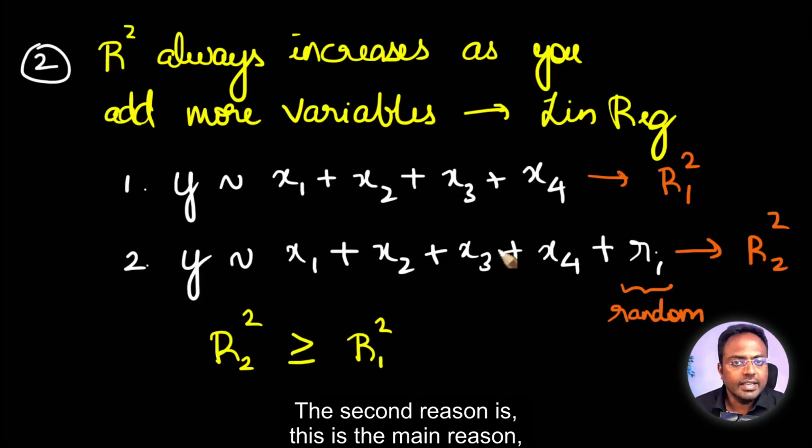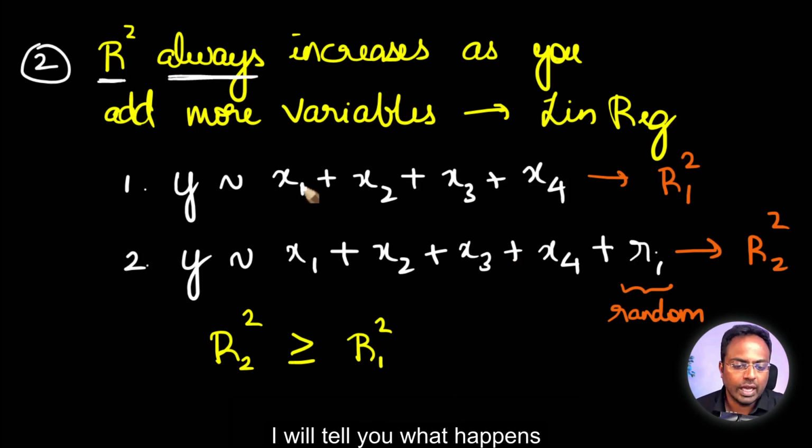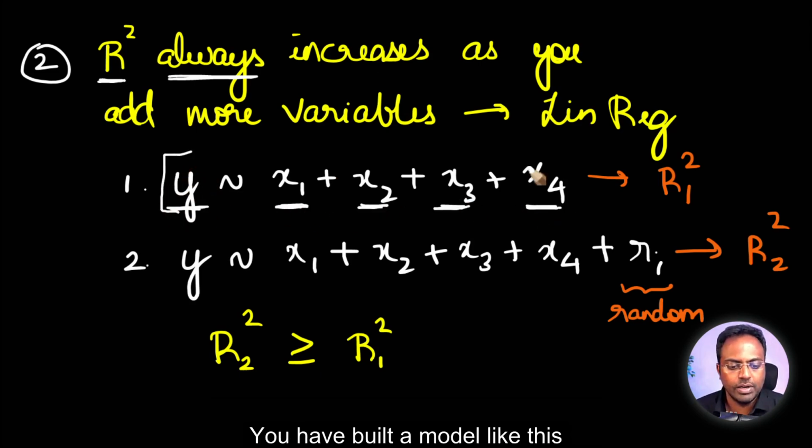Alright, the second reason, and this is the main reason, is that R square always increases as you keep on adding more variables. I will tell you what happens. Say you have a model where you try to predict the housing price as a function of 4 different X variables. Okay, you have built a model like this.